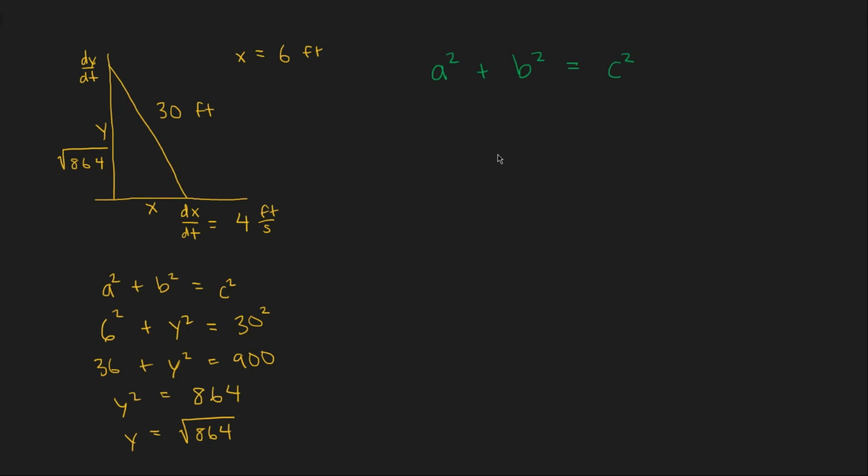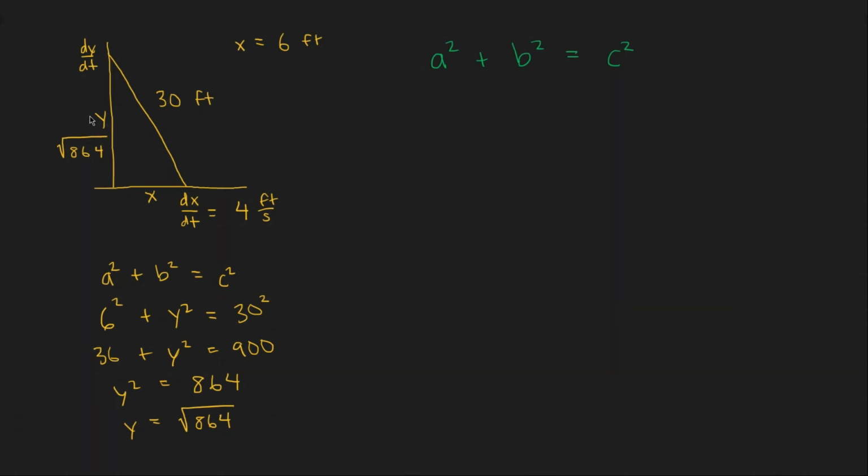Actually, first, let's just rewrite this a squared plus b squared equals c squared, so that we're using the variables and values that we have in our drawing. So let's call our a value this side length, so that's going to be x squared plus, let's call b this y, so y squared is going to be equal to c squared.